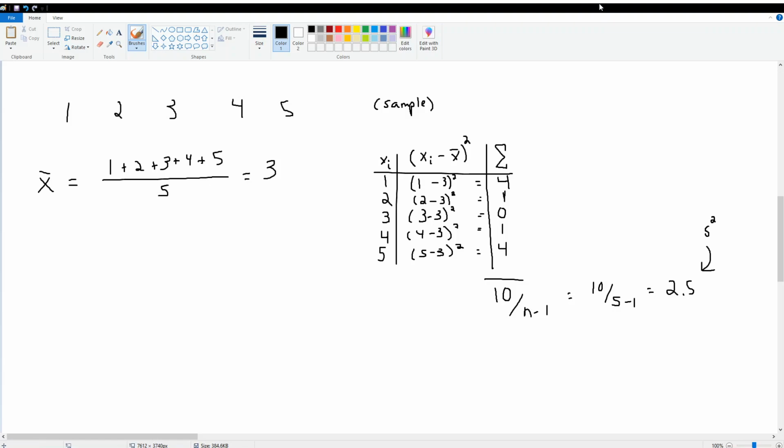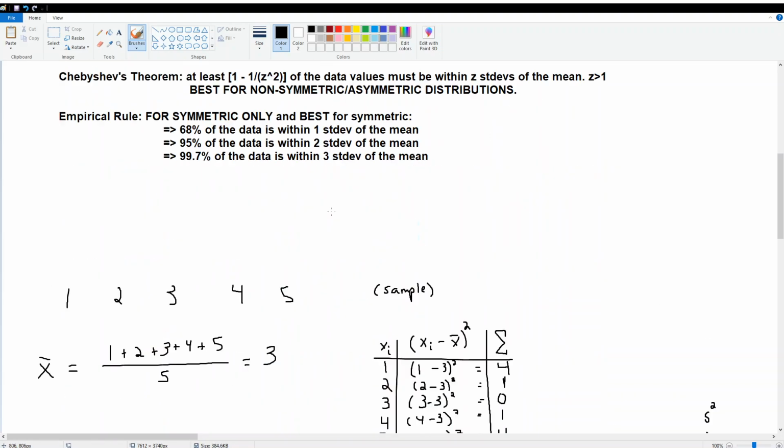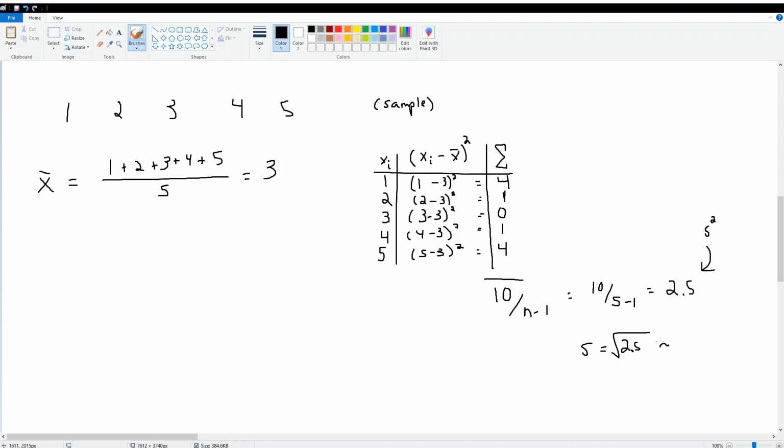If you wanted to get the sample standard deviation, it would be the square root of s squared, because s is equal to the square root of s squared to cancel it out. And if you rounded it to 3 decimal places, that would be about 1.581.